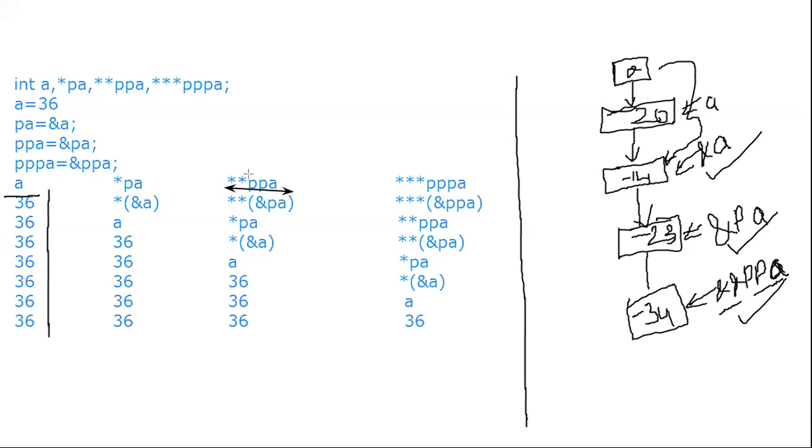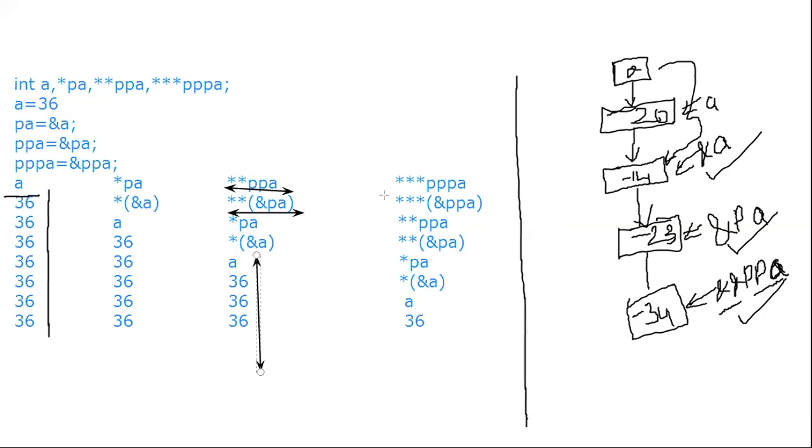So instead of double PA, you can write ampersand PA. Next star of ampersand PA is equal to PA. PA value is ampersand A, star of ampersand A, so A. Like that you will get the 36 value.